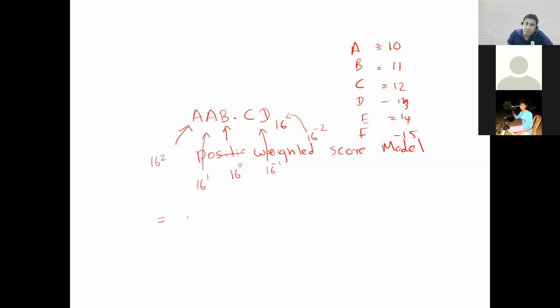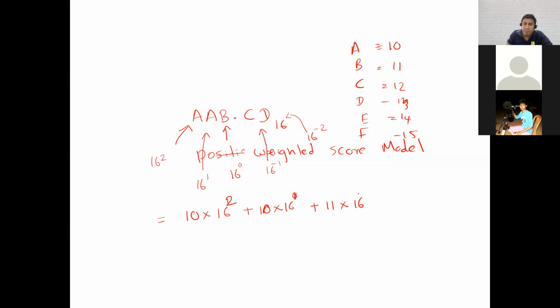Here then you can say A is 10 into 16 to power 1 plus A, or you can say 10 into 16 to the power 0. Then B is 11, 16 to power, this should be 2, no?